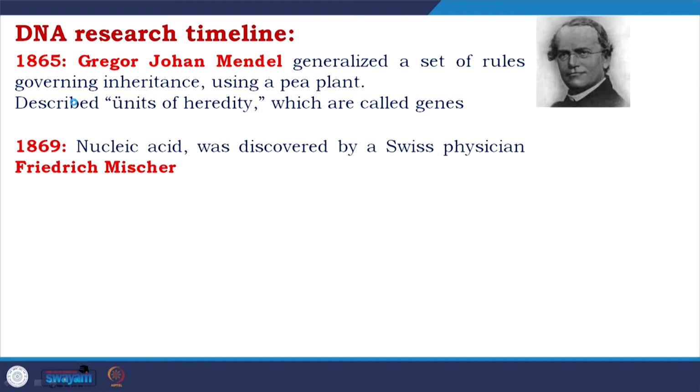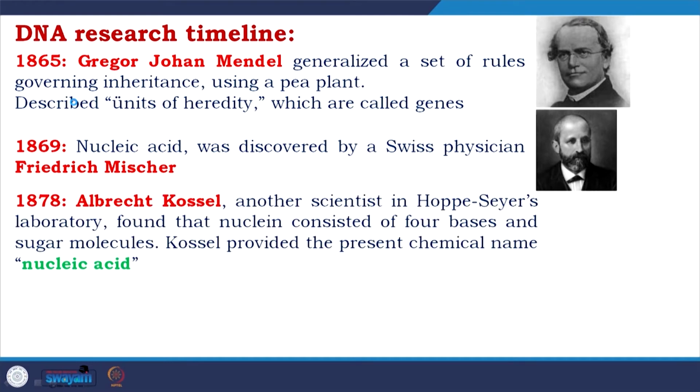In 1869, Friedrich Miescher came up with the nucleic acid which he called nuclein. In 1878, Albert Kossel from the same lab, Hoppe-Seyler's laboratory, came up with the name nucleic acid. He also identified that this molecule consisted of 4 bases and sugar molecules.